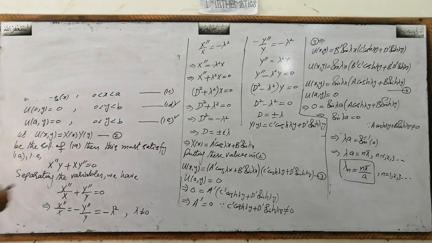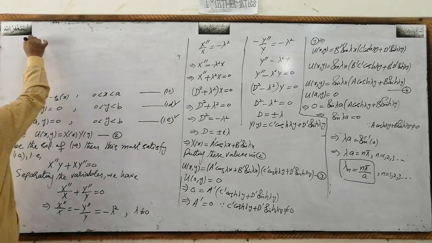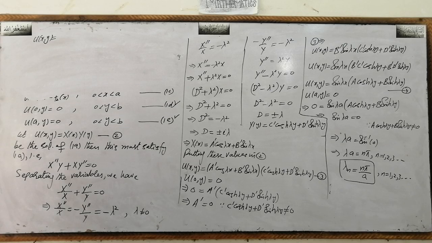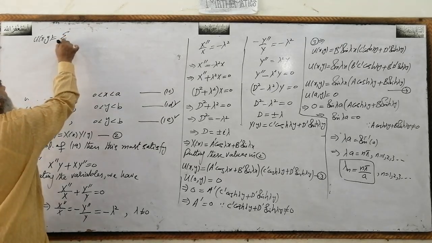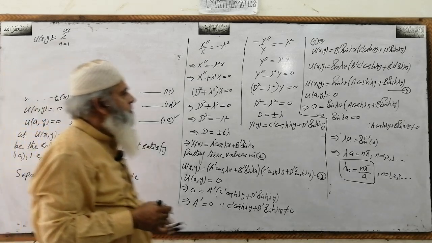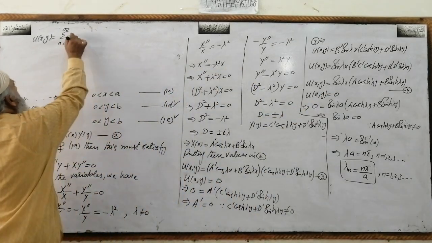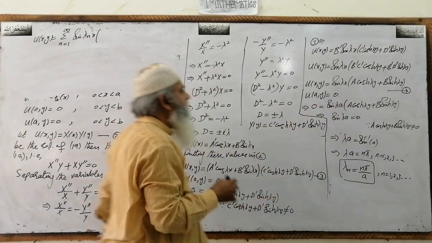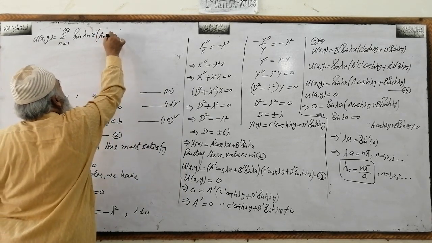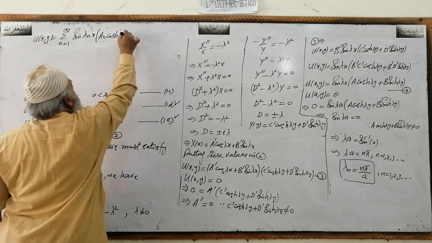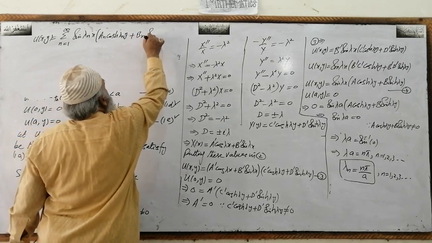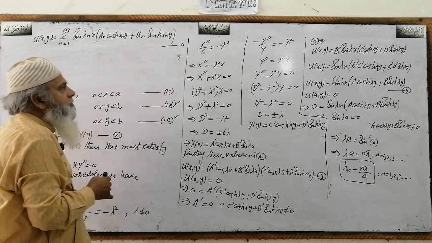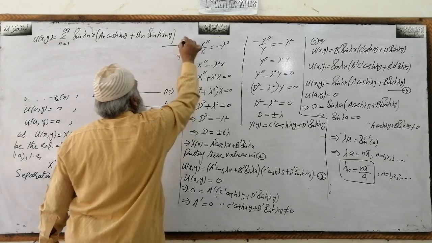Now the complete solution becomes u(x,y), which is basically the summation of the solutions. Sigma n varies from 1 to infinity sine lambda n x into a_n cos hyperbolic lambda n y plus b_n sine hyperbolic lambda n y. This is basically the complete solution, and we label it as equation number 5.